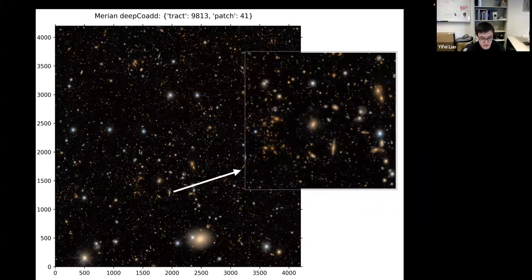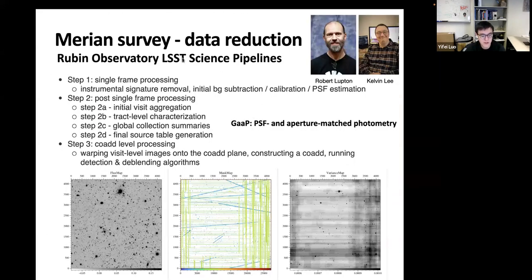Okay, and we reduce the data. This is another color version, an HSC plus Merian color image. We reduce the data with the Rubin LSST pipeline. With the help of our collaborators at Princeton, we are able to use the actively developing LSST pipeline for our Merian data.